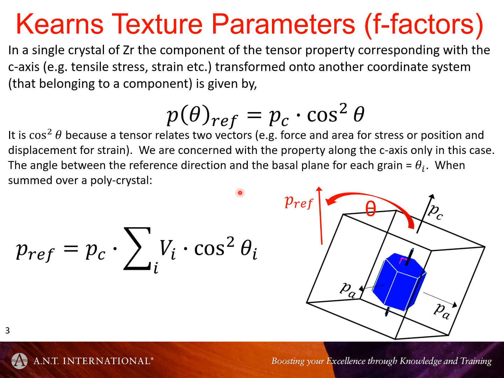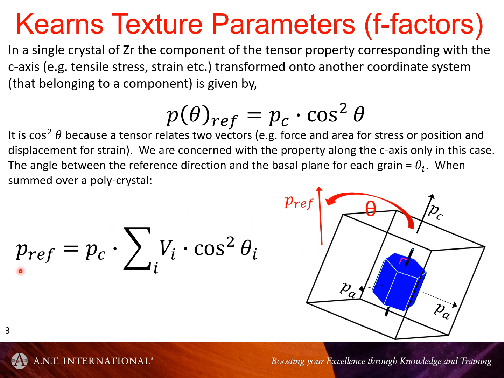Now, when you sum it for all of the grains, naturally, each grain has the same tensor property in the c-axis, and we simply have this expression here, which is we weight by the volume fraction of grains in a particular orientation. So we have a whole series of fractional volumes of grains which have a particular angle with respect to the reference direction.